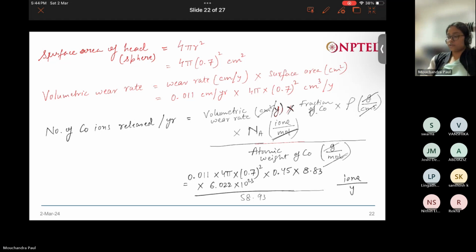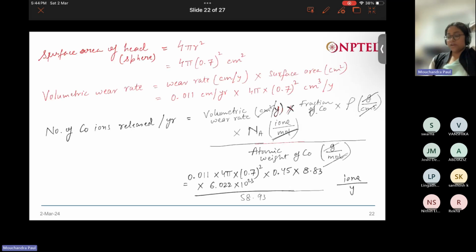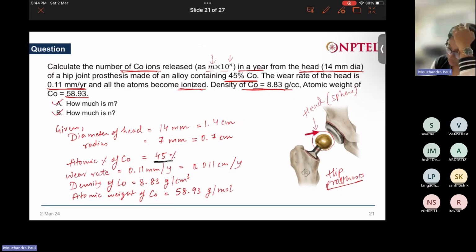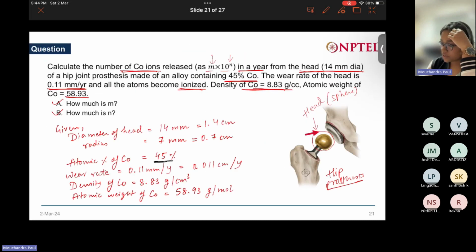Okay. So you guys got this answer. So let me see if it is correct. It's not. The answer is not correct. So we have missed one thing. If you see this particular diagram, this is the head for which we are calculating the release of cobalt ions.